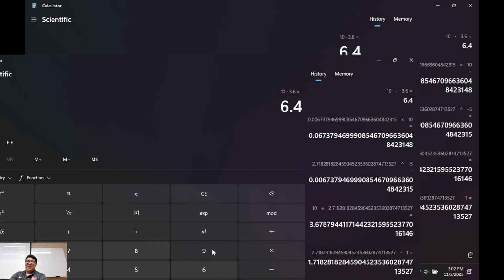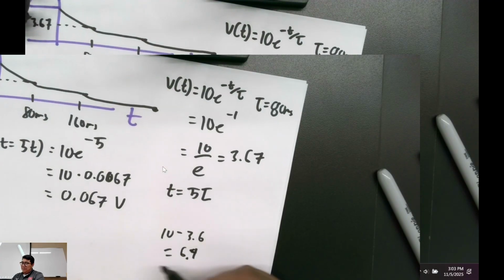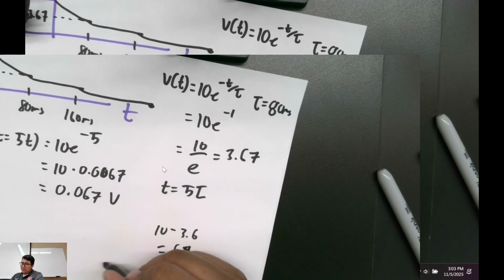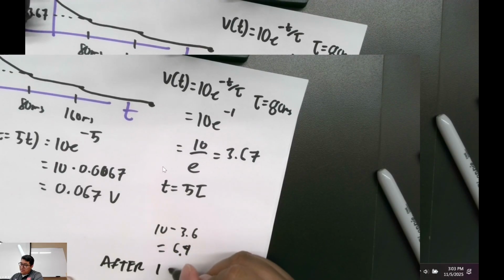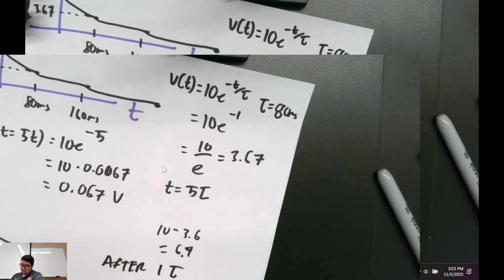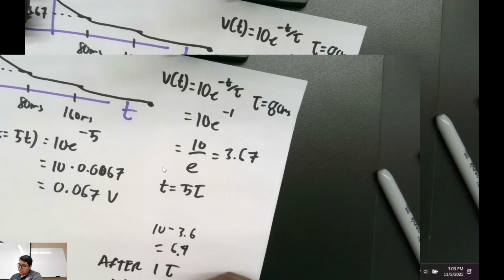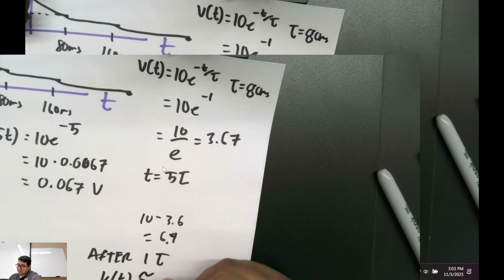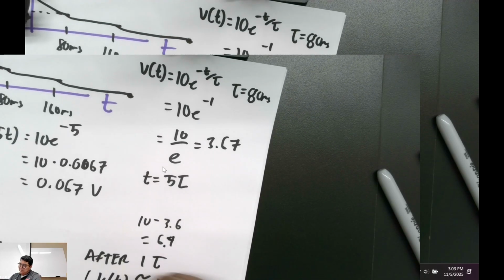So we're losing a lot of voltage after that first time constant. Does that make sense with everybody? If you wanted a rule of thumb, after 1 tau, V of t is about, I'm going to do an estimate, about RV times 64%.